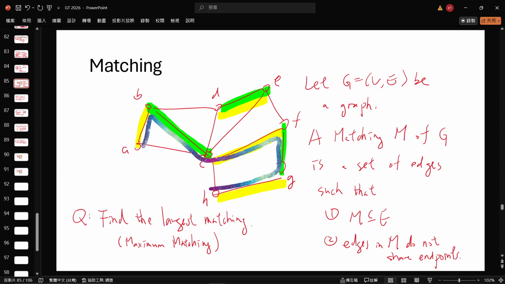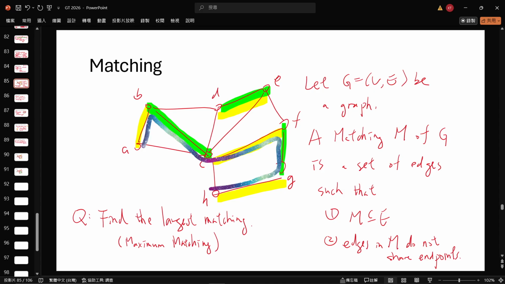The only constraint for an M alternating path is that the edges must alternate between edges not in the matching and edges in the matching, okay? And whenever you want to talk about an M augmenting path or M alternating path, you have to specify the matching that you are considering.